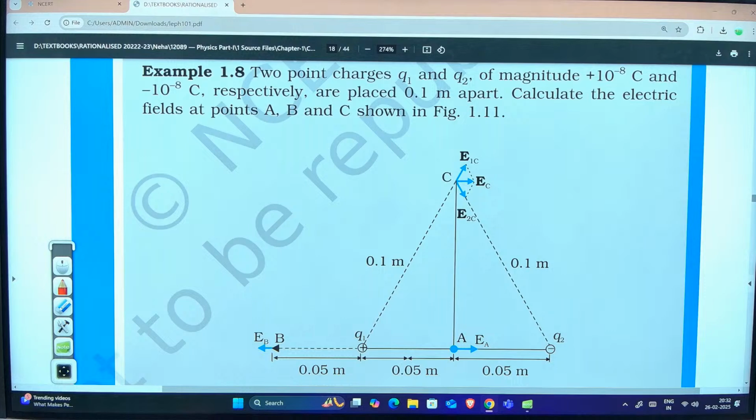What are they asking for? Read the question.